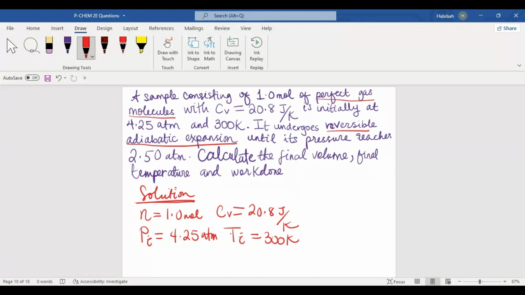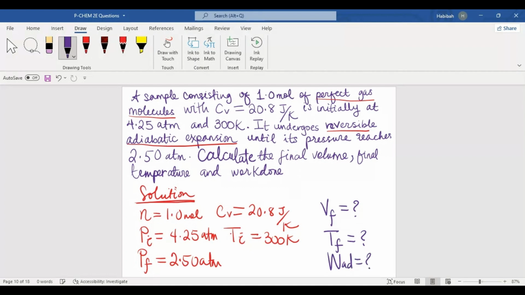Then we're told it undergoes reversible adiabatic expansion until the pressure reaches 2.50 atmosphere, so 2.50 atmosphere is going to be the final pressure. We're asked to calculate the final volume, the final temperature, as well as the adiabatic work done.